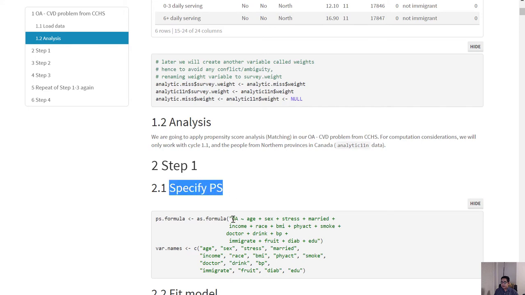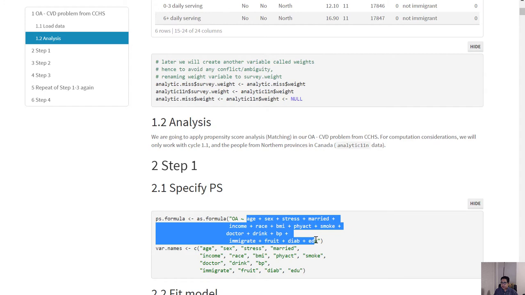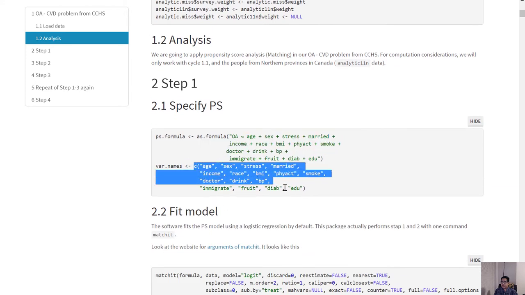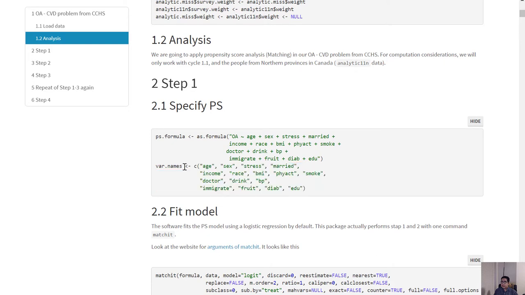So here I am going to define what is going to be my exposure model or the propensity score model, and OA is going to be my exposure variable, and age, sex, stress, and whatever variable that I have as a confounder, those variables are my adjustment variables. And I also have a list of covariates, all of the same list, and I put them in the var names, and I will need that later on.